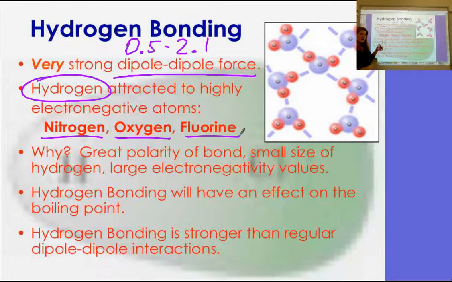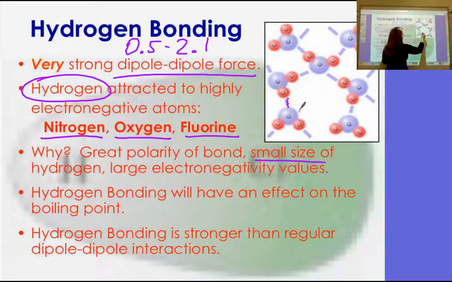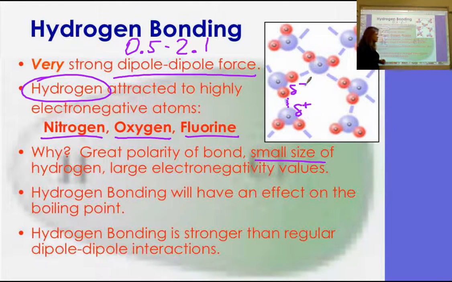This is an extra special strong dipole force because hydrogen is so small, it can actually fit into smaller places. And when you're closer together, these attractions between my partial positive and partial negative are even stronger because they're closer together.